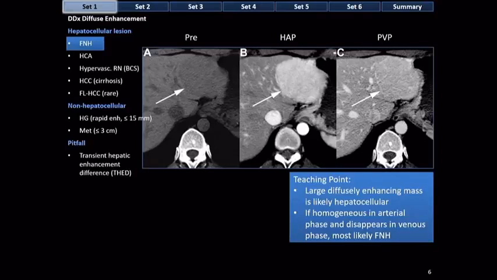The answer is no. But in your report, you can say, this lesion is highly likely to be a benign focal nodular hyperplasia, consider additional imaging to confirm, and you might want to do a contrast-enhanced ultrasound. You might want to do an MRI with a hepatobiliary agent. But in your report, you can reassure the patient and you can reassure the patient's physician that this is likely a benign focal nodular hyperplasia.